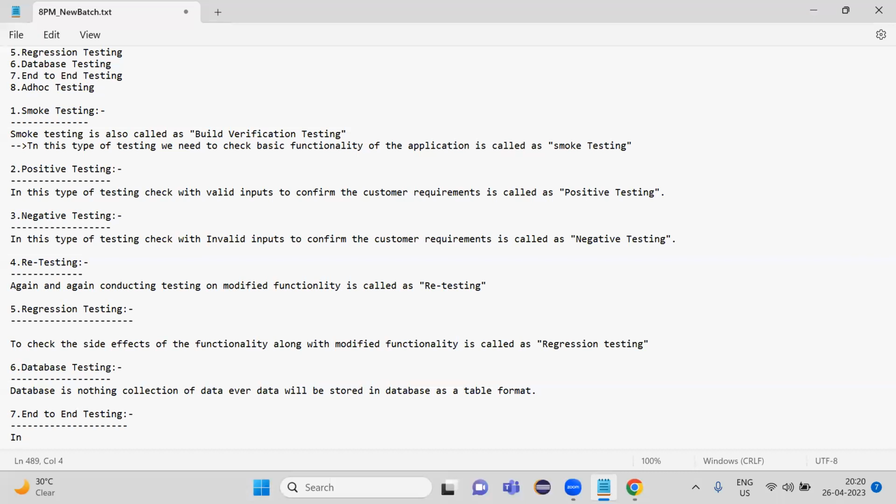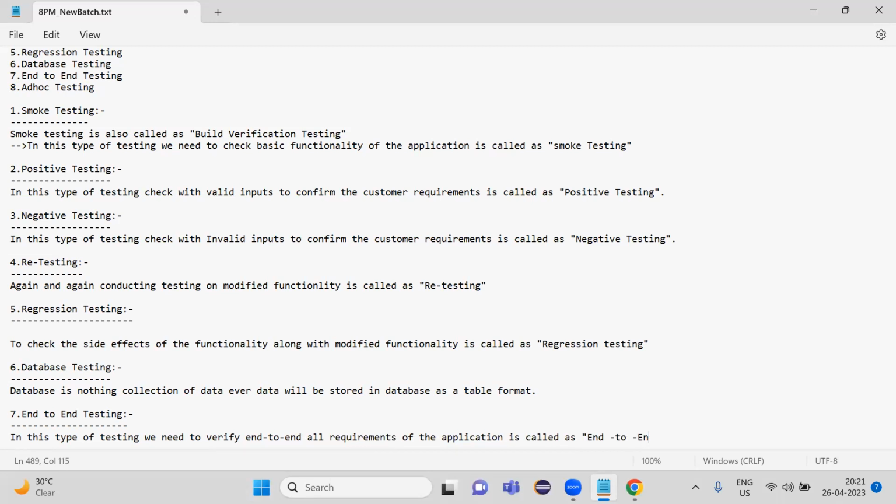In this type of testing, we need to verify end-to-end all requirements of the application. That is called as which testing? End-to-end testing. Understanding, right?